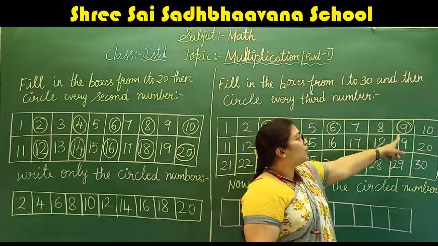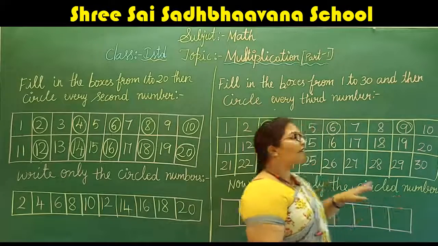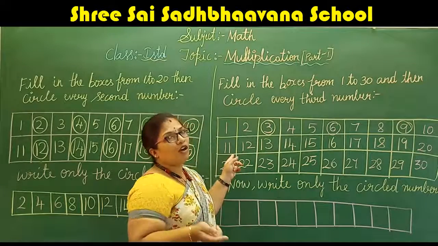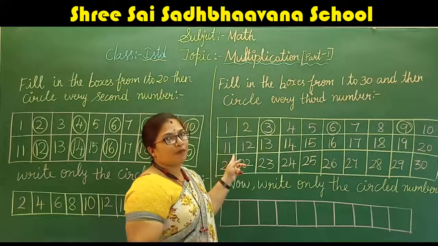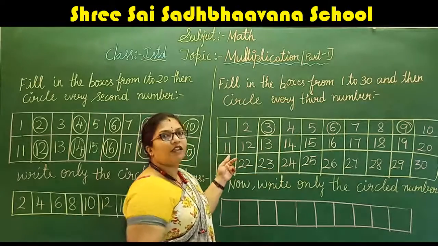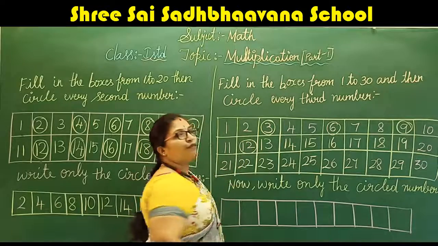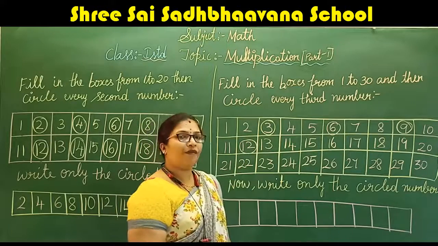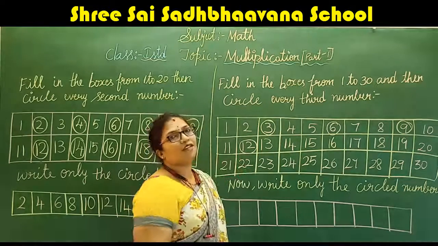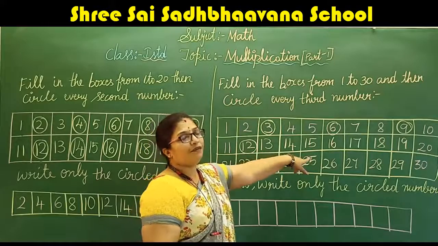Right, children? So after 9, 10 we should not circle. 11 also we should not circle because we have to skip 2 numbers. So 10 and 11 we are skipping and we have to circle 12. Next, after 12, 13, 14, 15.